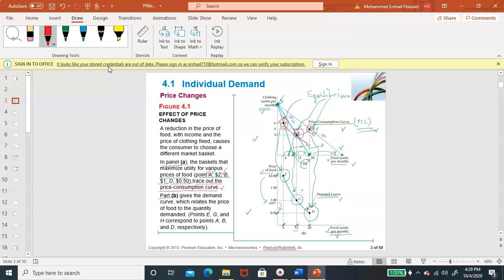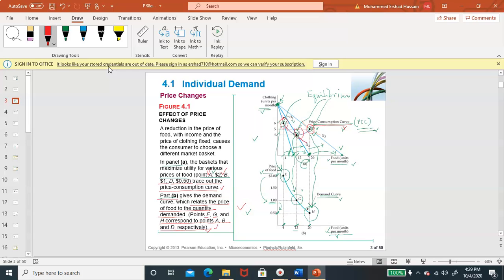See, the price consumption curve will tell us the different combinations of food and clothing that he will buy as the price of food changes from one equilibrium to another. And in part B, the demand curve relates the price of food to the quantity demanded of food. Points E, G, and H correspond to points A, B, and D respectively, as we have explained.